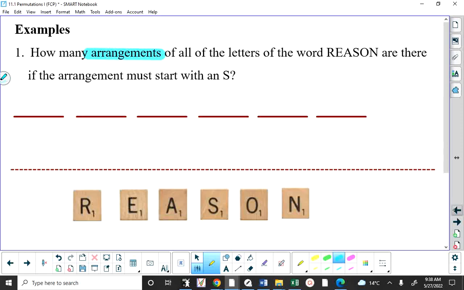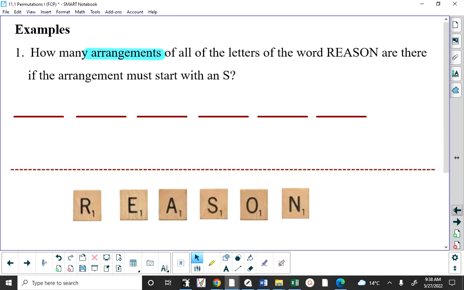What that means, and you'll see later why it's important, is that when I arrange these, if I put the S there, I can't put the S anywhere else, right? I can't use the S over and over again. I'm physically taking these things, and that's why I have Scrabble tiles up here. I'm physically taking them and arranging them.